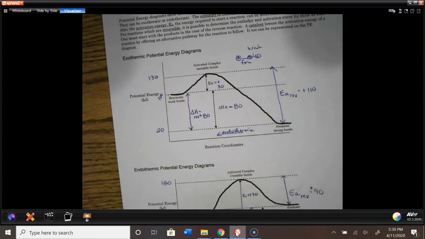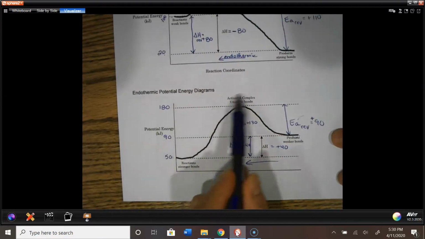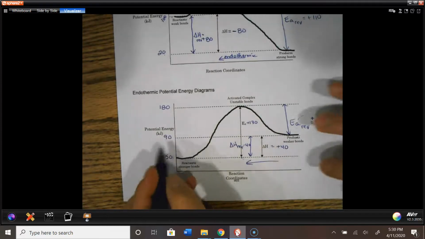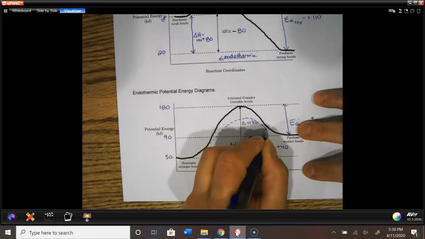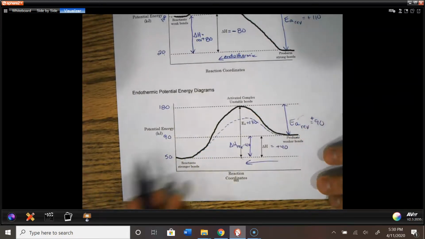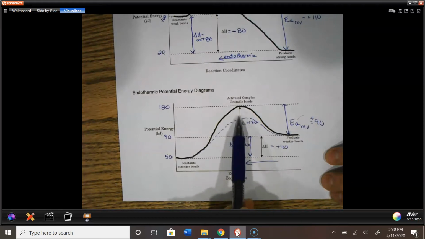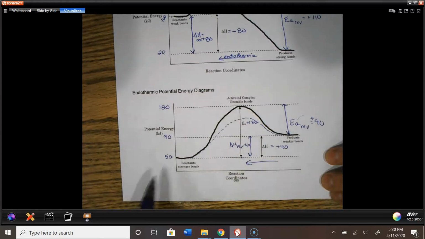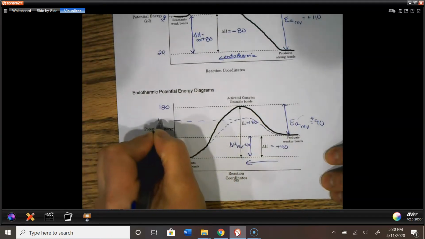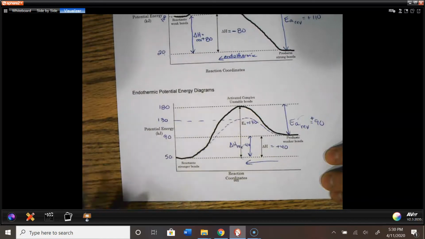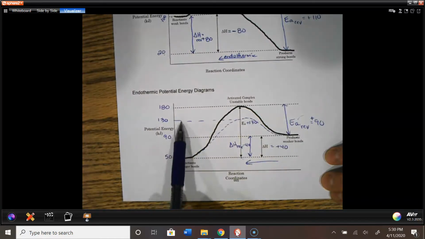And so catalysts would lower the activation energy. So if this bottom reaction occurred with a catalyst, I would do something like this on my potential energy diagram to show that a catalyst was used. So whereas before the activation energy needed to be 130 to get this to work, now the activation energy is only 80 to get it to work.